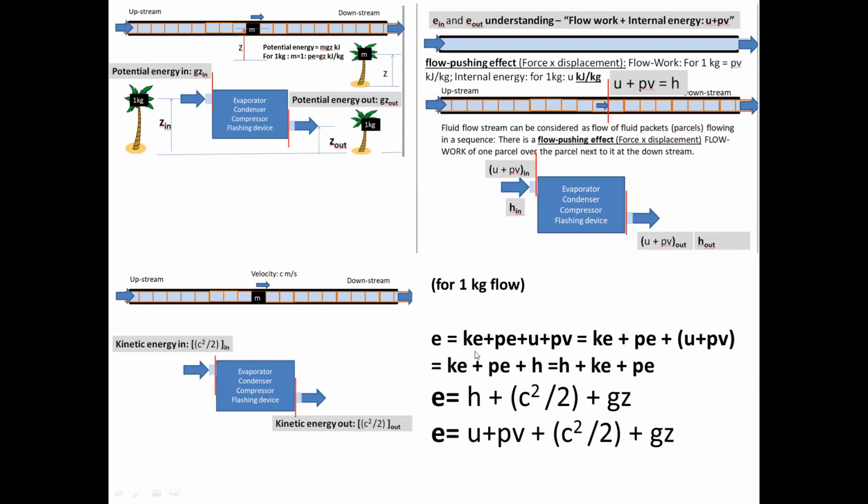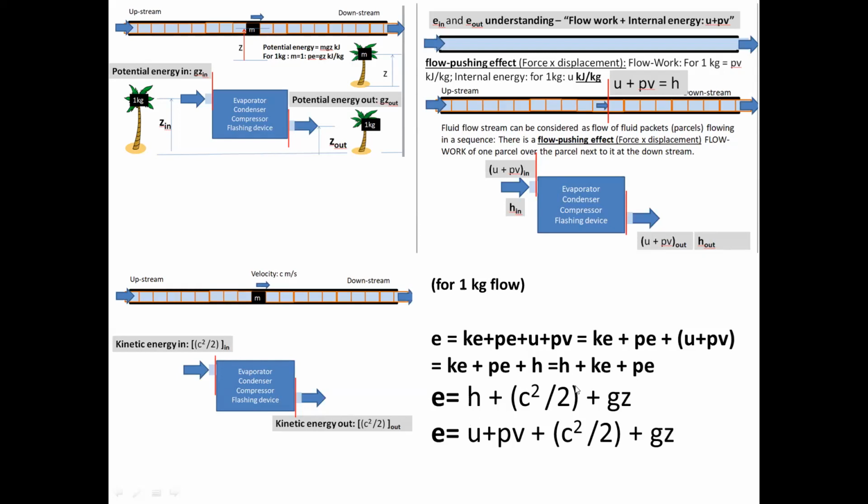For 1 kg flow, E has kinetic energy, potential energy, internal energy, and flow work components. U plus PV, we consider H. So kinetic energy, potential energy, and H, or enthalpy.